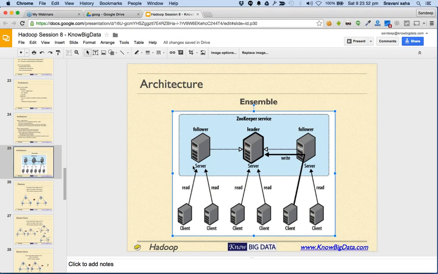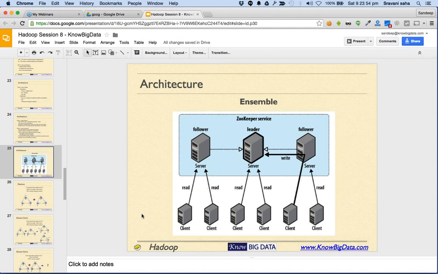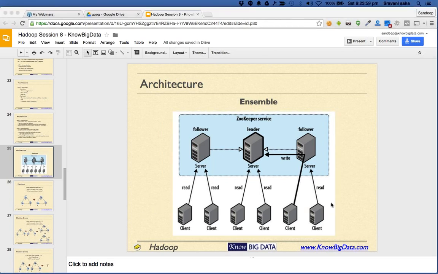Now, coming back to ZooKeeper, there was this election thing we talked about. Lots of us would be wondering, why do we require a majority to select the leader? If at any point during election a majority of the nodes are not available to participate, then a leader cannot be elected.